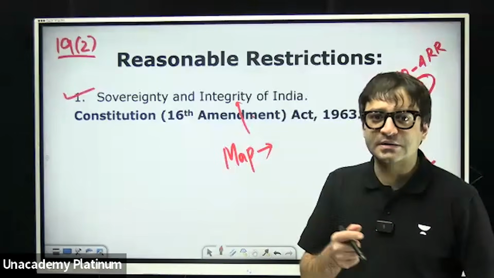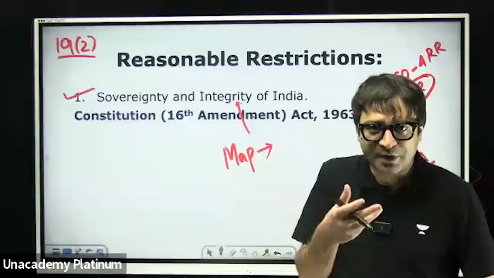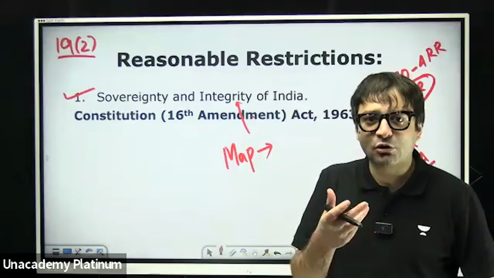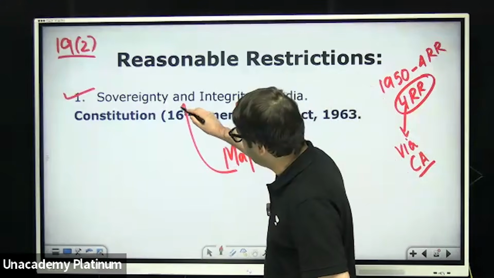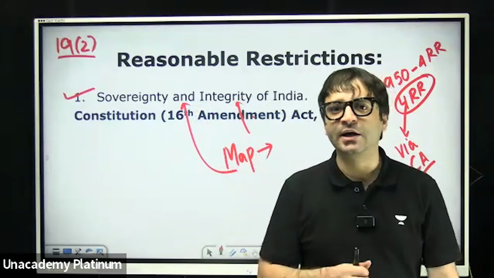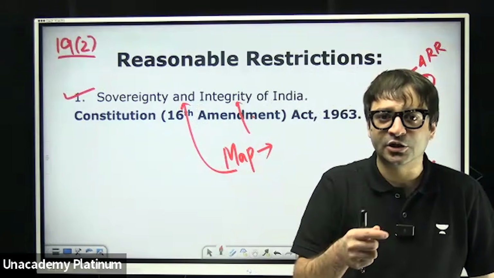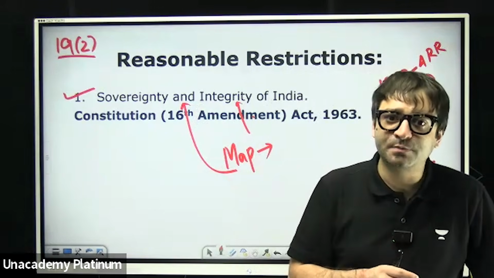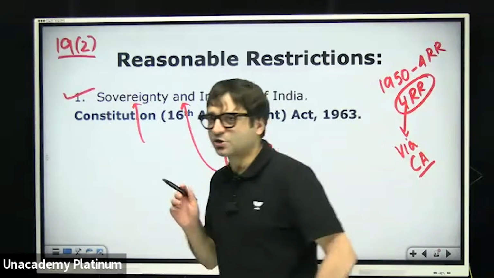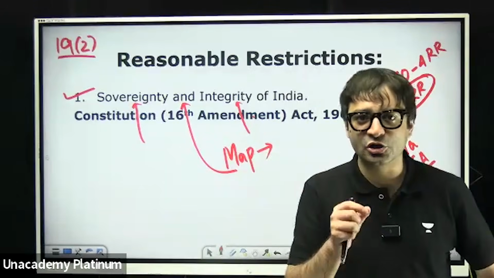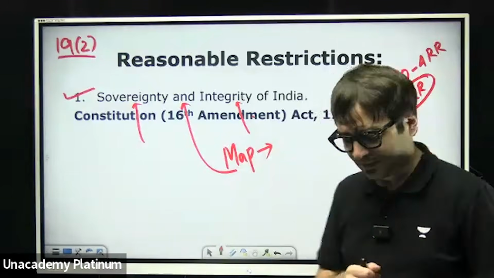You do not show Pakistan occupied Kashmir as an integral part of India, which means you are expressing yourself by creating the copy of the map of India, but thereby you are against the sovereignty and integrity of India by excluding the legitimate Indian territories from the map of India. Would this be allowed? No. Why? Because this would violate a reasonable restriction imposed by the Constitution, which is sovereignty and integrity of India. That's reasonable restriction number 1.